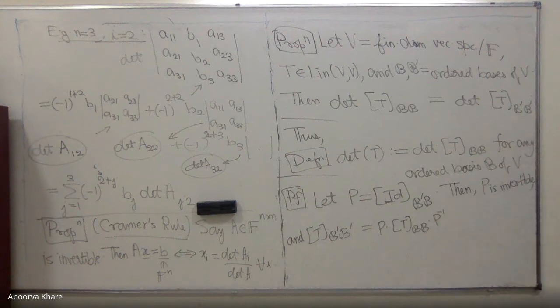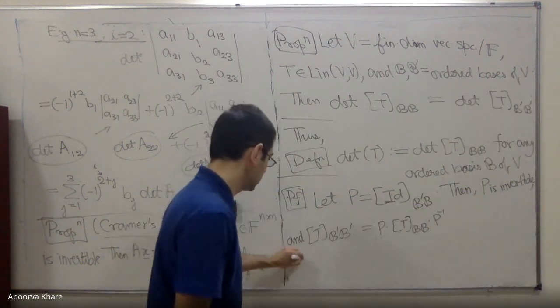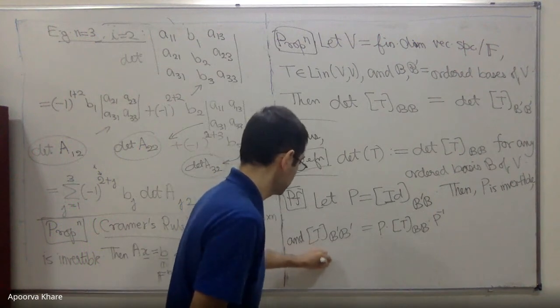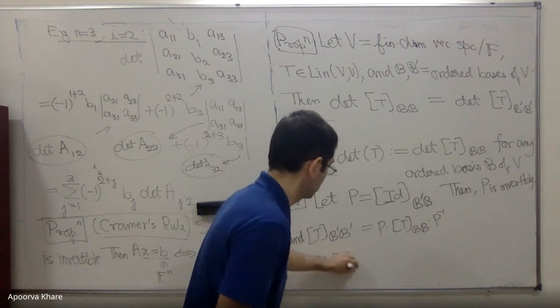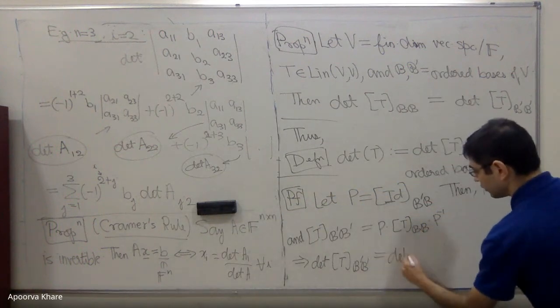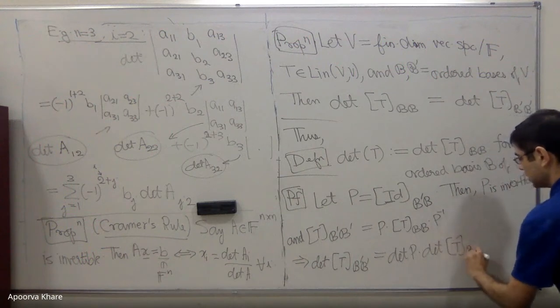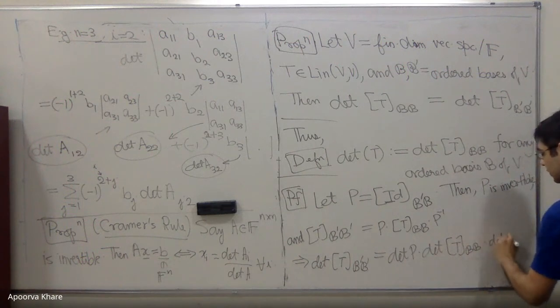But now we simply calculate the determinants. The determinant is multiplicative, and so this is equal to the determinant of P times the determinant of T in the basis B times the determinant of B inverse.